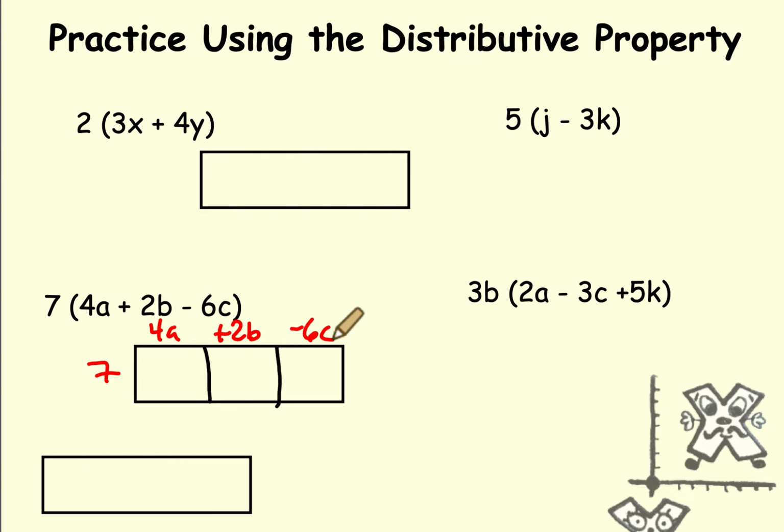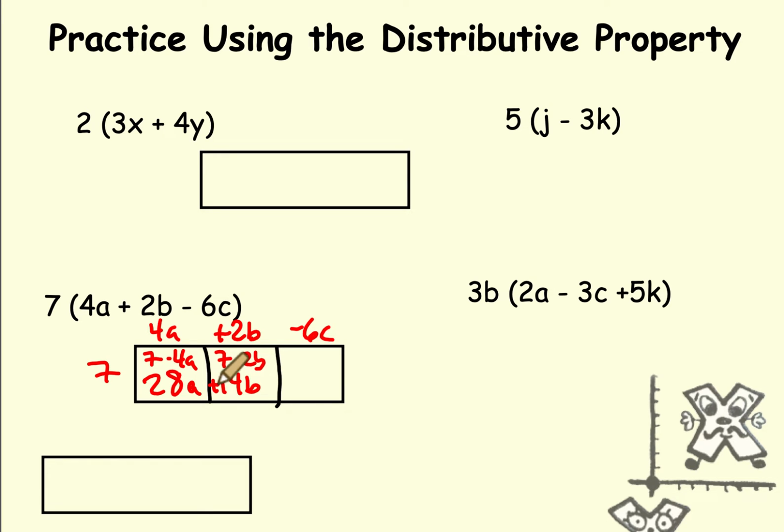In the first box we have 7 times 4a. And remember, this is based on an area model. 7 times positive 2b gives me positive 14b. That's a positive, so it's a plus.